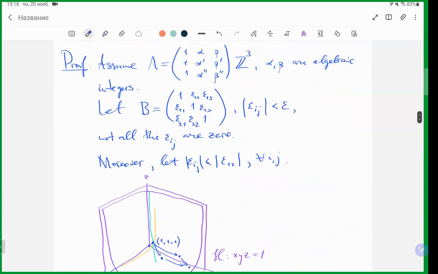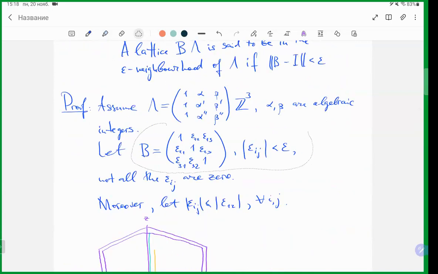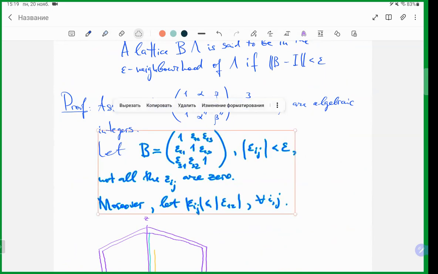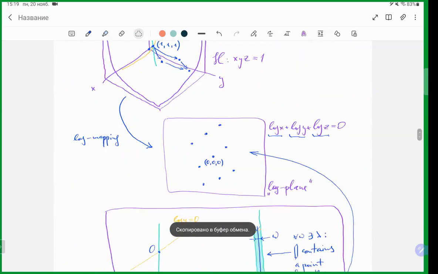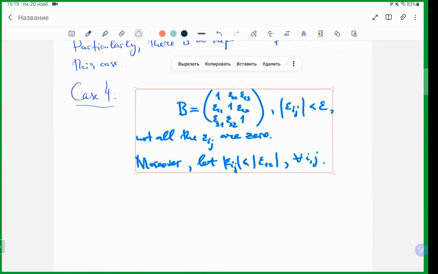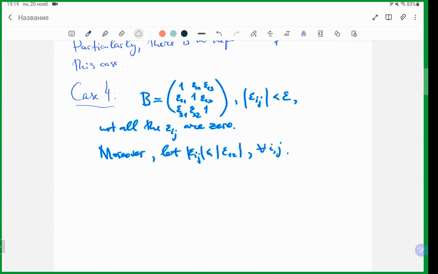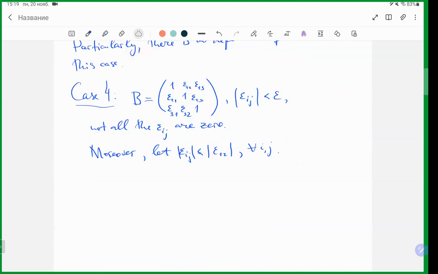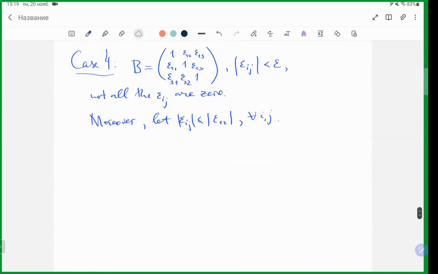We have B with arbitrary, okay, let's copy everything. So now our B is an arbitrary matrix of this form, right? And we assume that epsilon 1,2 has the greatest absolute value.